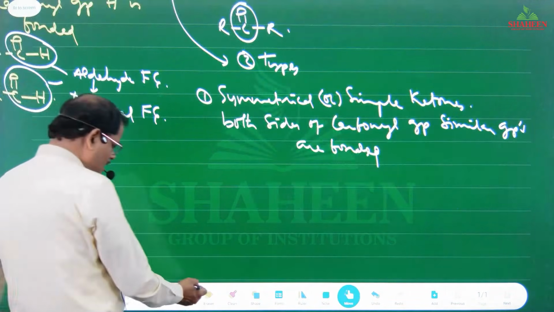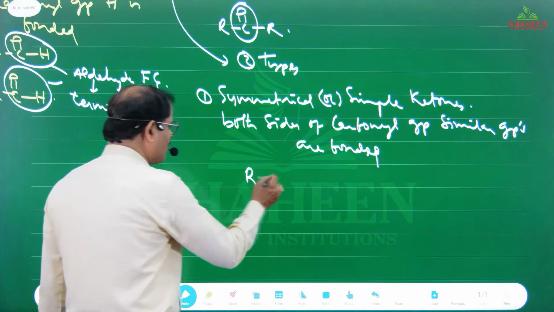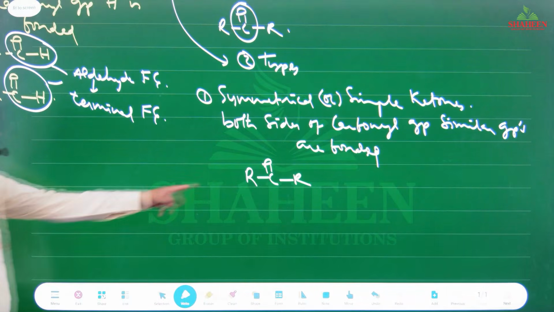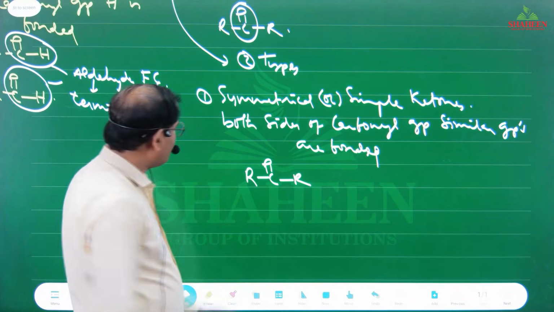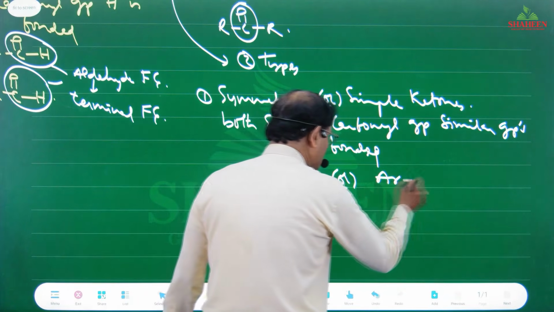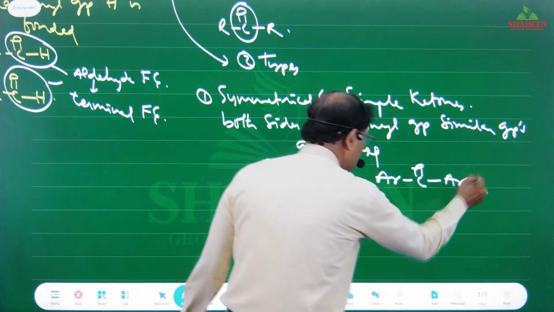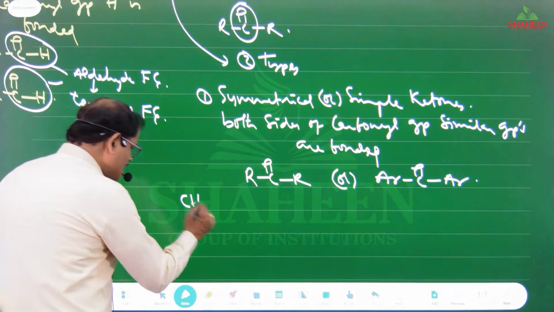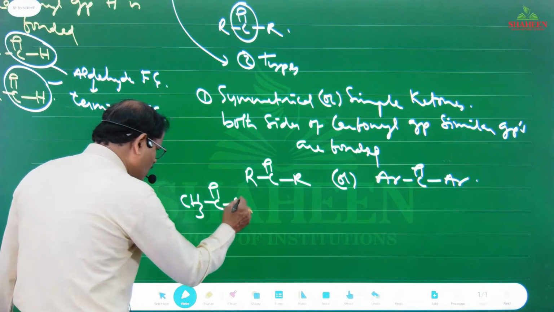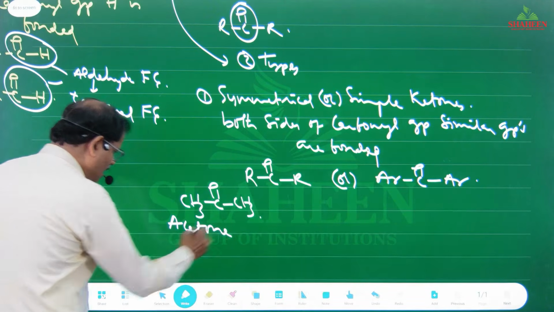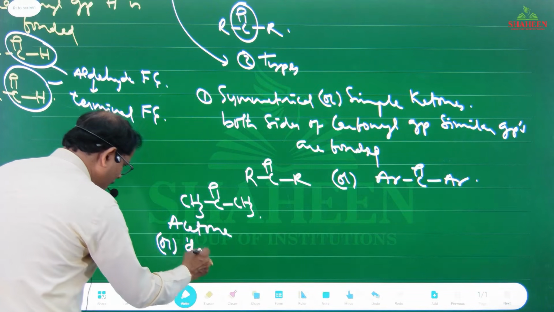They are represented by the general formula RC double bond OR, or ArC double bond OAr. This is the general formula of symmetrical or simple ketones. For example, CH3 C double bond O CH3, acetone or dimethyl ketone.